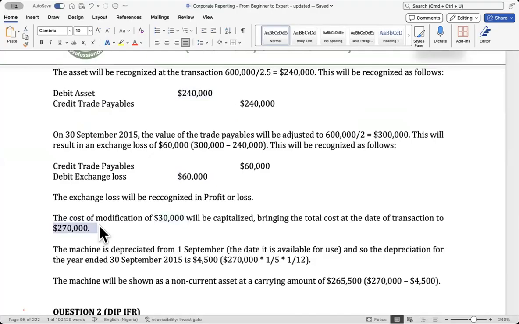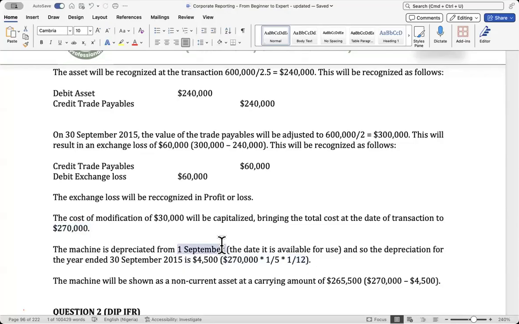And because they told us the useful life of the asset, we need to depreciate it from when we received it, over 5 years. Since our year end is 30 September, it is 270 divided by 5, then we prorate it.